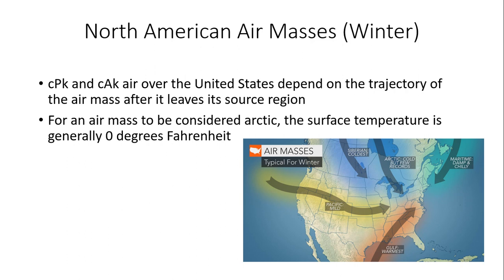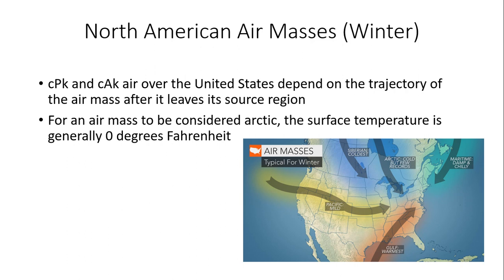So, first things first, continental polar, remember cP is continental polar, and it's an air mass which is colder than the underlying surface, and cA is continental Arctic, which is also colder than the underlying surface. Those two air masses over the U.S. are going to depend on the trajectory of the air mass after it leaves the source region.